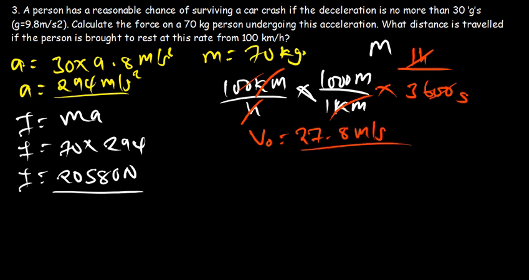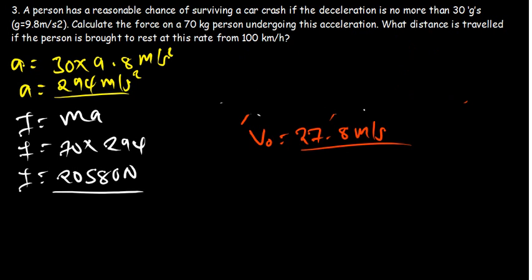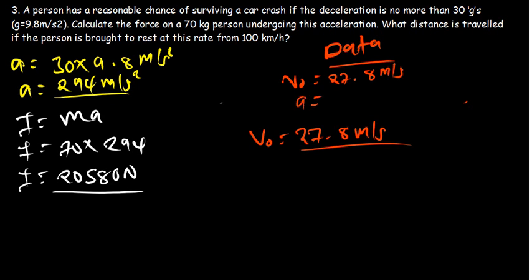Now, which formula do we have? Let's collect our data again once more. Data is going to help us to know which formula we should use. So our data, we have got our initial velocity as 27.8 meters per second. We have our acceleration as 294 meters per second squared.